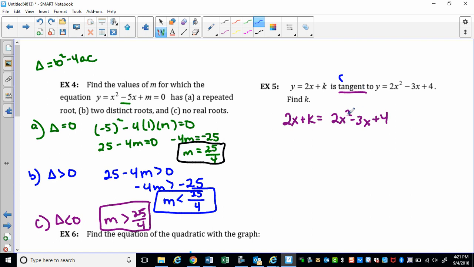So let me just make this equation. I'm going to move everything to the right-hand side since my x squared will be positive. So I'm going to subtract the 2x and actually subtract k.